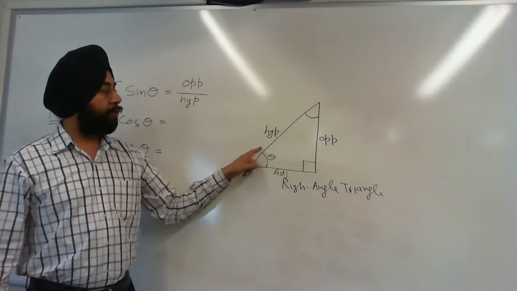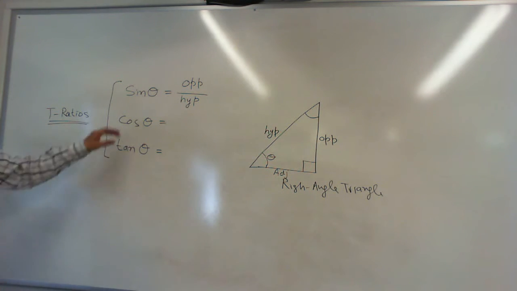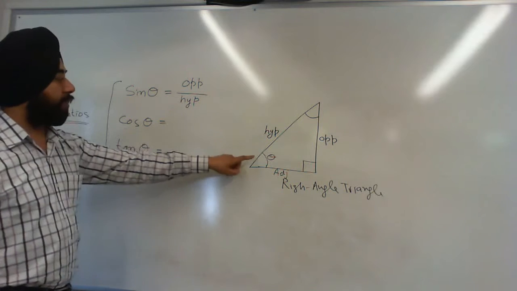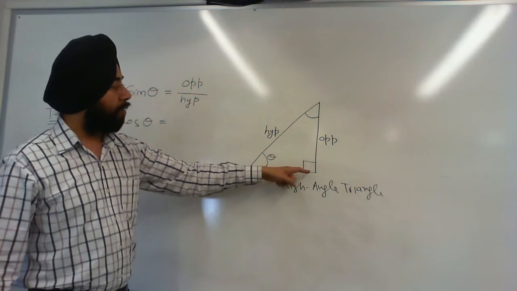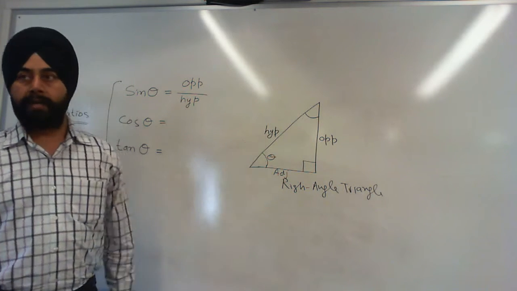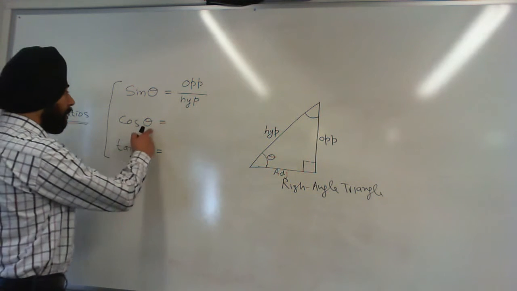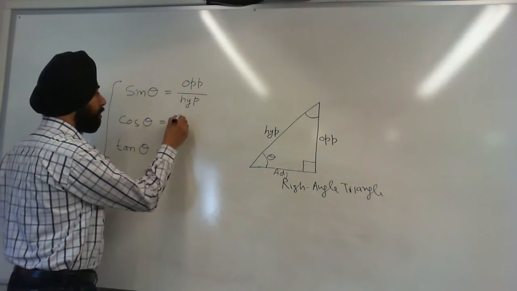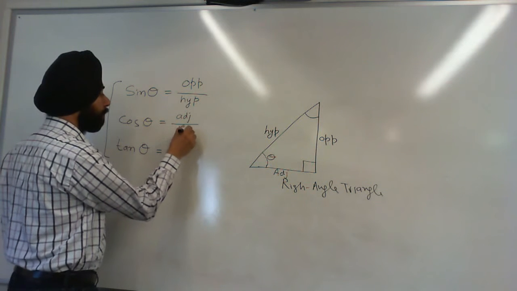The longest side is always the hypotenuse. So if you want to define sine of this angle, sine theta, that will be the length of this side, opposite, divided by the length of this side, hypotenuse. Cos theta is defined as adjacent divided by hypotenuse.